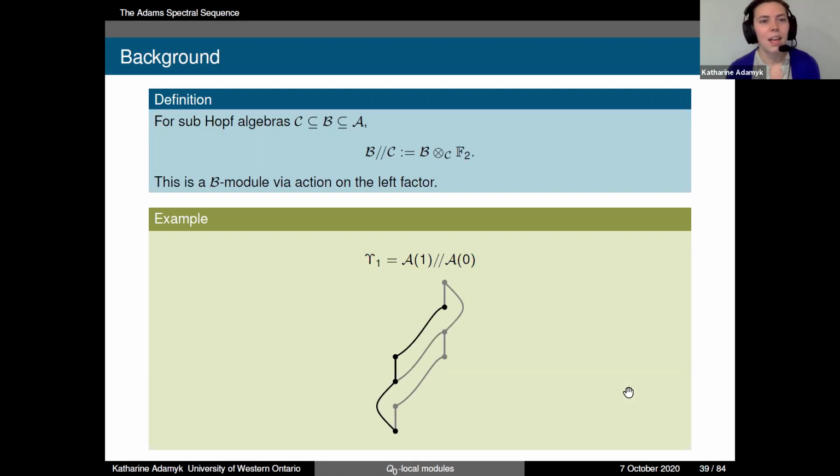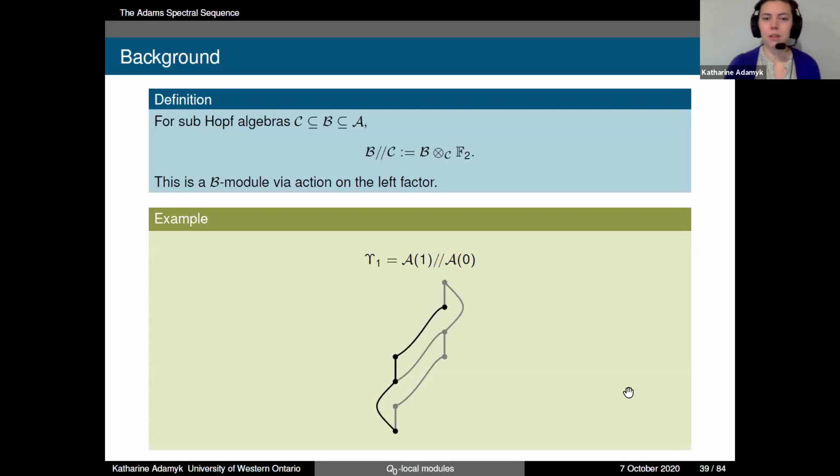So if I have sub-Hopf algebras C inside B inside A, I define B mod mod C to be B tensored over C with F2. So I'm thinking of F2 as a C-module where everything other than 1 acts trivially. And then this whole tensor product is a B-module via action on the left factor.